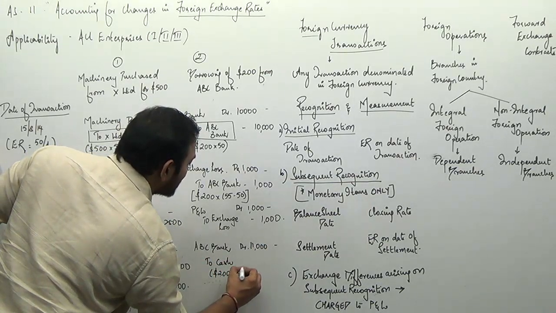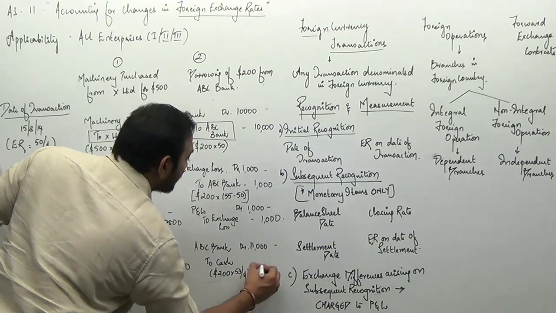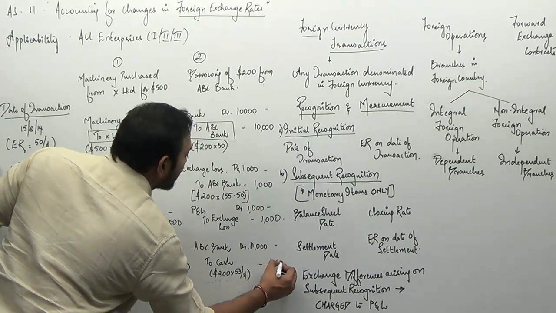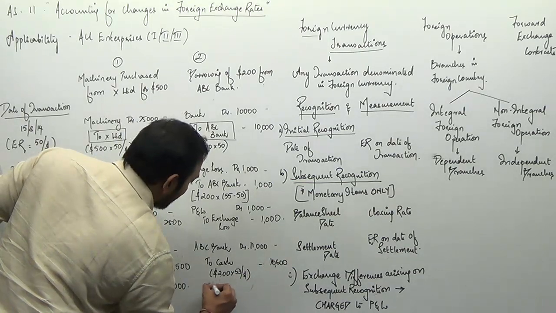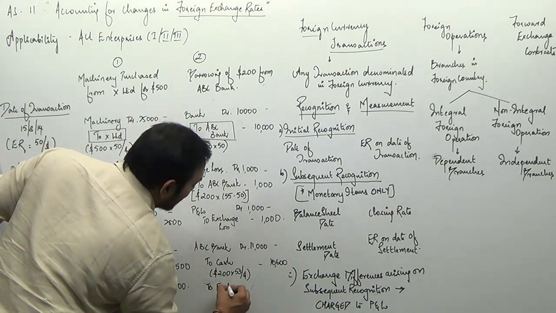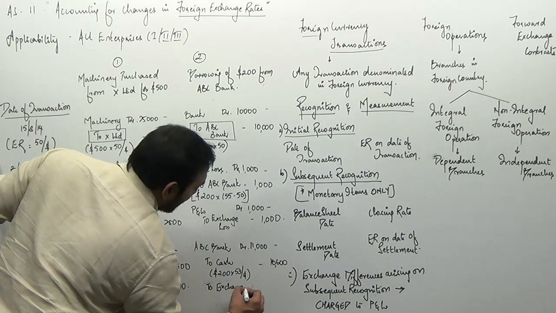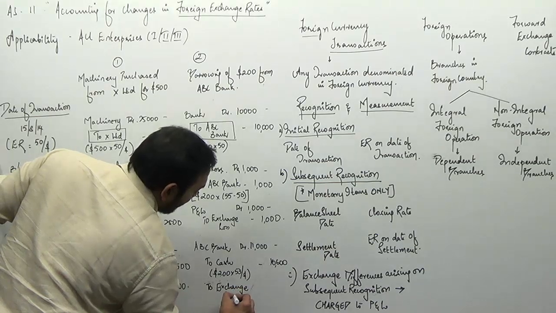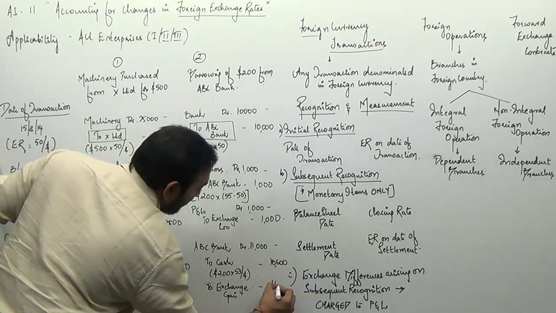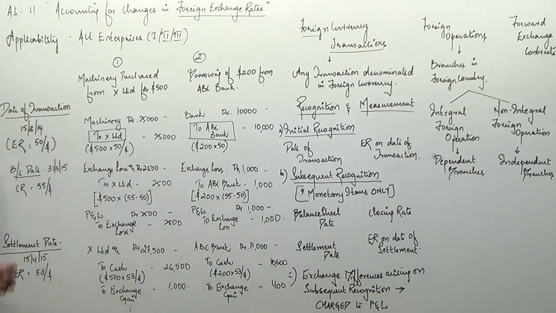If I am settling each dollar at 53 rupees, then what I have to pay is only 10,600. The balance 400 will be treated as exchange gain. Again, that exchange gain on settlement date should be charged to P&L. Right? This is a fair example. You can record one example or both. No problem. Recording one would be sufficient, guys.